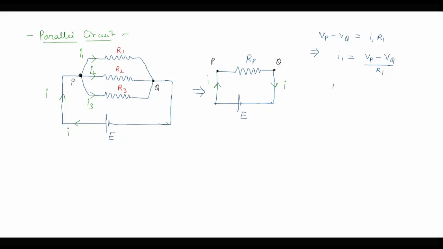For I2 we can write Vp minus Vq by R2, and for I3 we can write Vp minus Vq by R3.